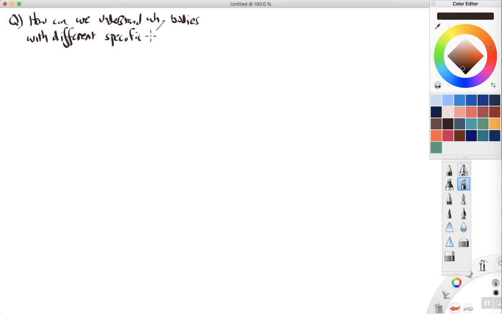Remember, specific gravity is the density of an object compared to the density of water. And I'm going to try to push all the way through this discussion. Okay? So what do we mean?